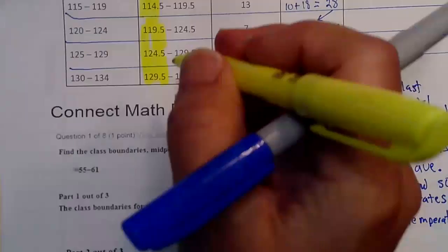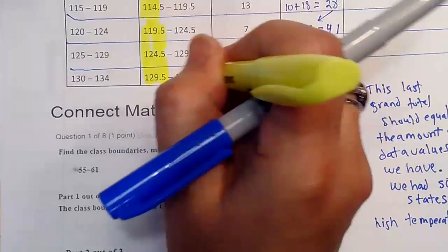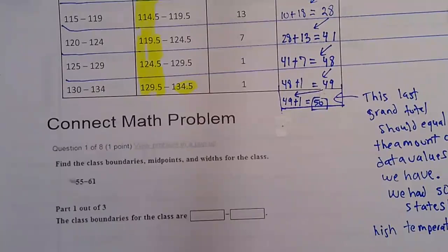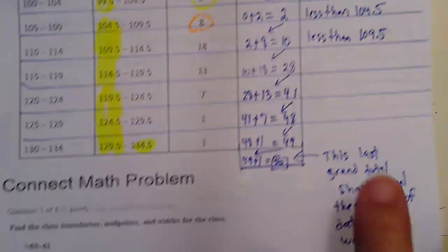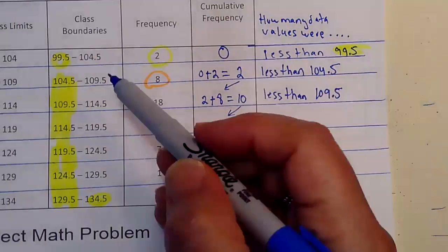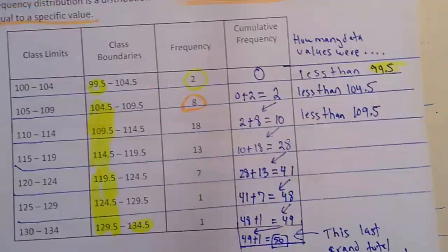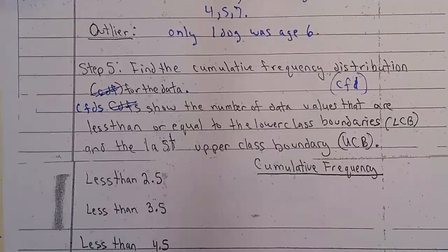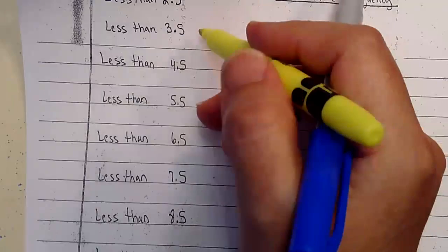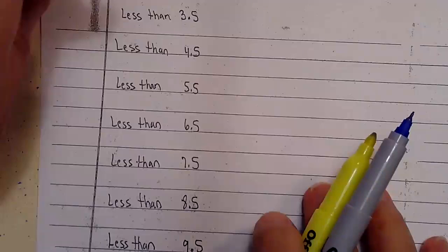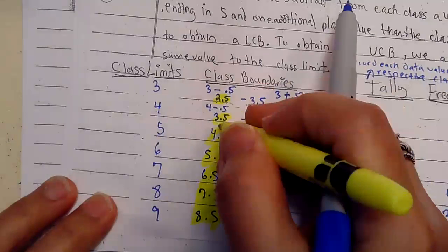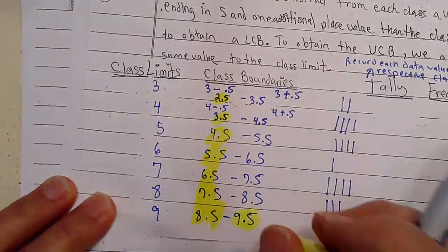So I should have highlighted this and also that, is what they're saying. And remember how I was making comments about that? That's what they're referring to. So here, 2.5, 3.5, 4.5, and then it has 9.5. Yes, so it's all these lower class boundaries and then this last upper class boundary.